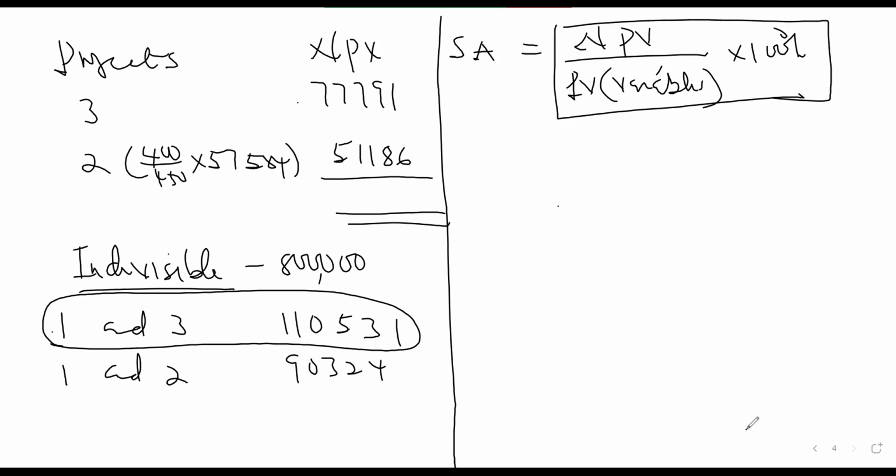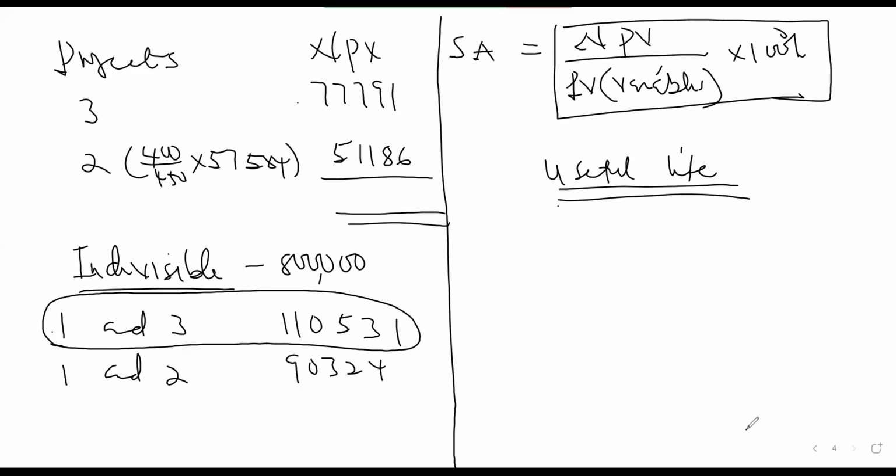It will be the NPV calculated from the project divided by the PV of the variable, times 100. But if you are doing it for useful life, what if the useful life changes? The formula is different. So all these things that deal with amounts, money, this is how we calculate the sensitivity analysis for them. But those that have to do with differences, maybe useful life, are different.